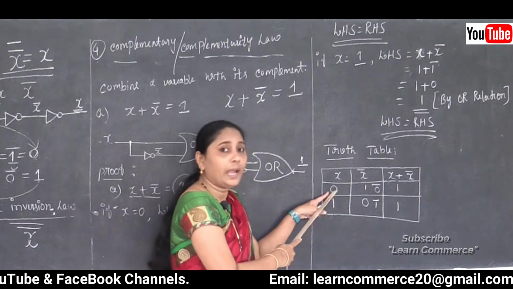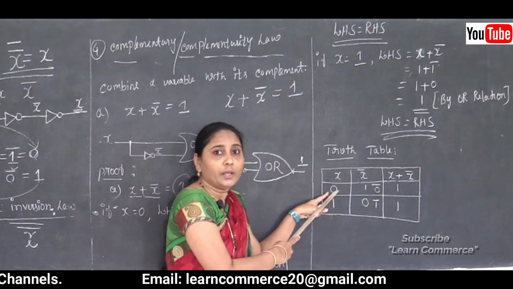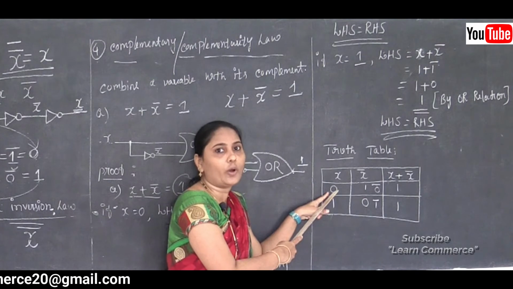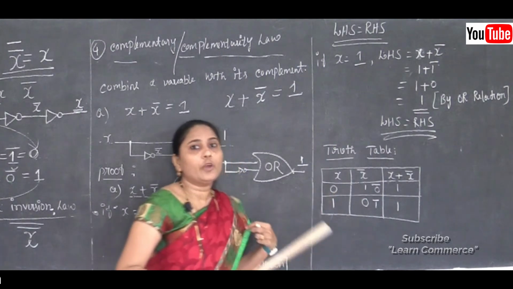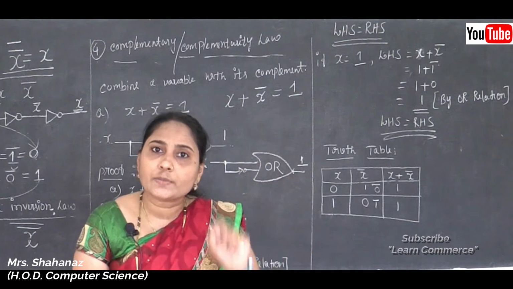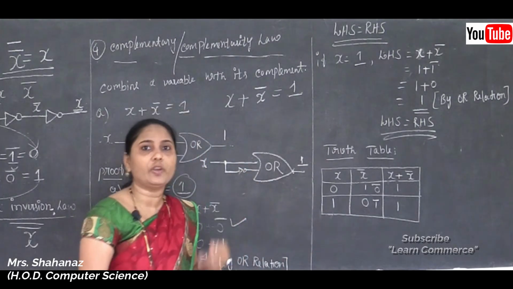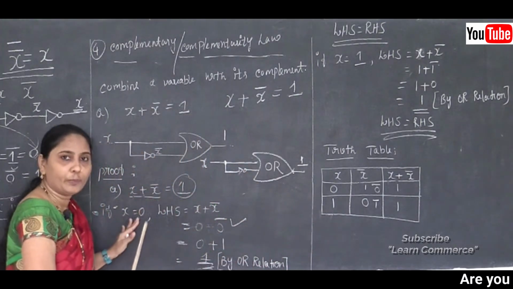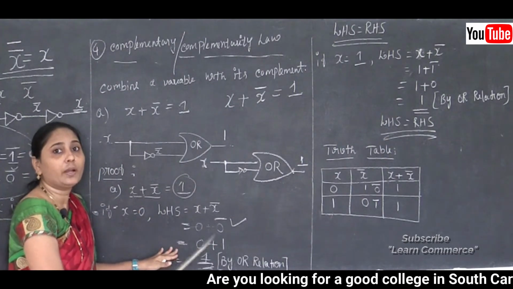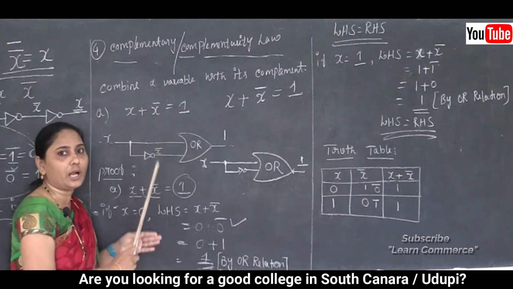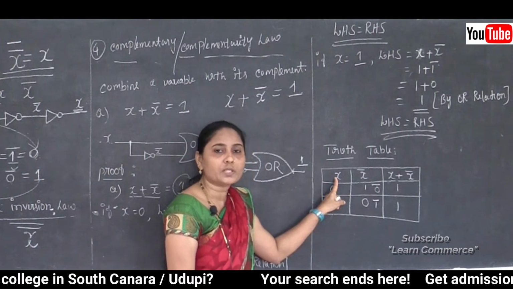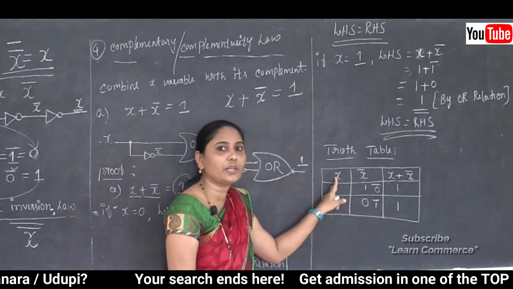We know that in the first column, it contains the possible values of x, which are 0 and 1. We already checked by giving x the value 0 as well as the value 1, and we proved it also. If x is equal to 0, the answer is 1. If x is equal to 1, the answer is also 1. So the possible values of x are 0 and 1.